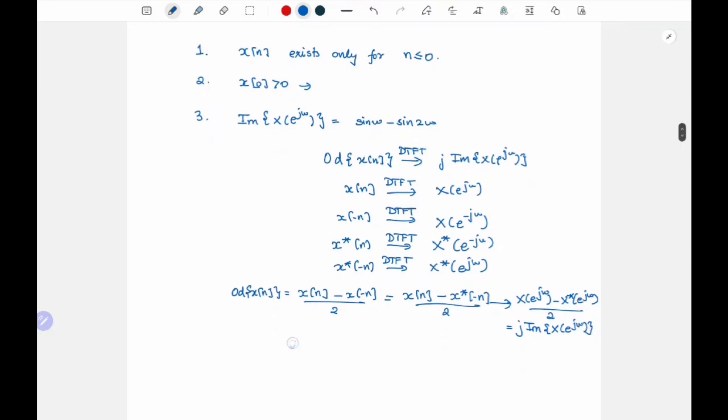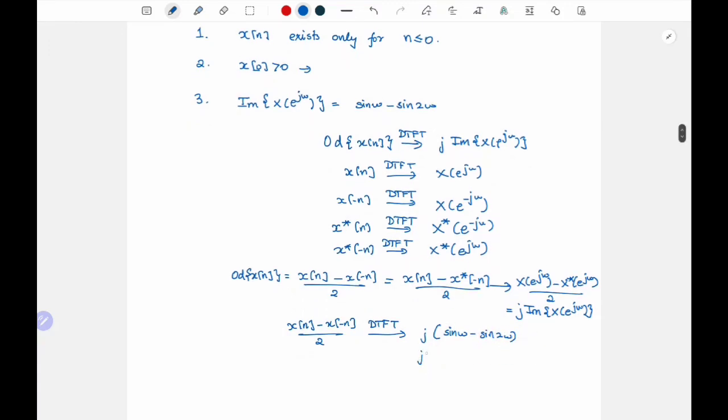So x of n minus x of minus n by 2 should give you a DTFT of j into sine omega minus sine 2 omega. Sine omega, you can write as e power j omega minus e power minus j omega by 2j, minus e power 2j omega minus e power minus 2j omega by 2j.